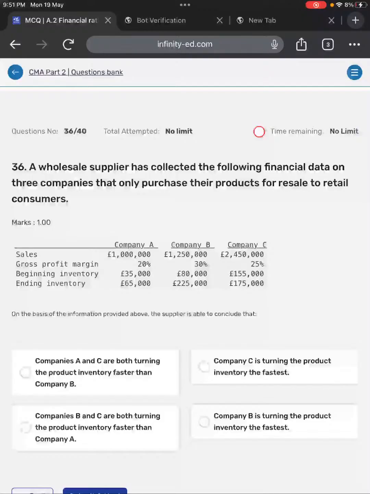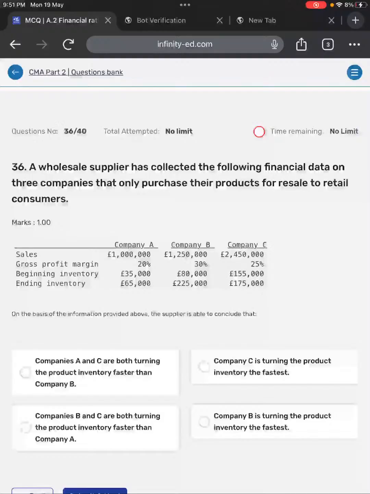Minus 20%, it's 75. Okay, and 50,000 minus 25%, 18 lakh, 37,500. Okay.